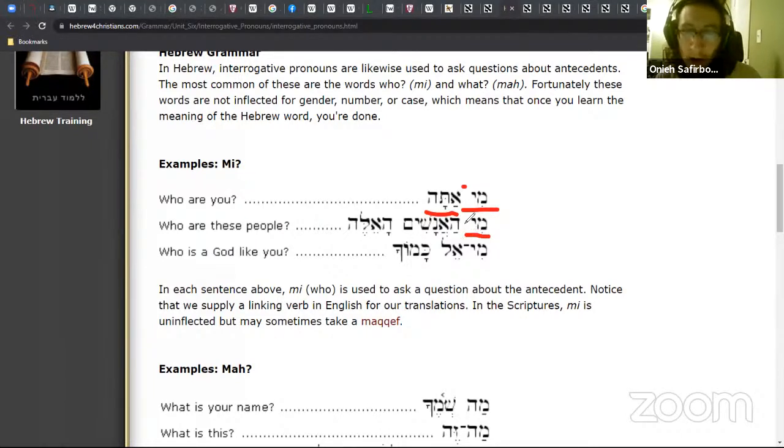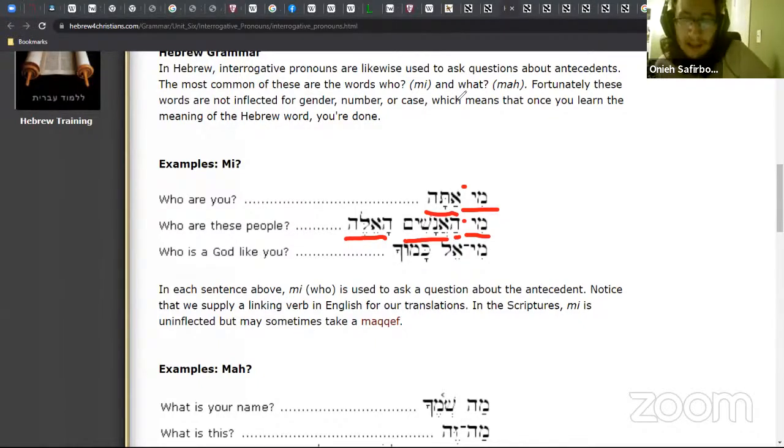Who are the men? Oh, I told you guys earlier that these and this come first. Well, for some reason it's not coming first, so that might not be true, what I said earlier.